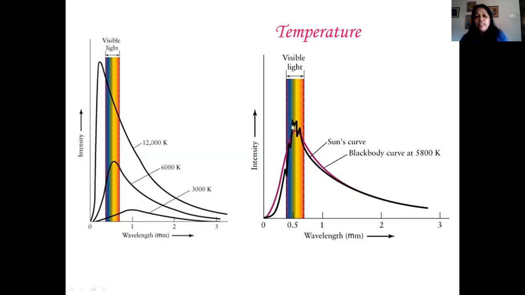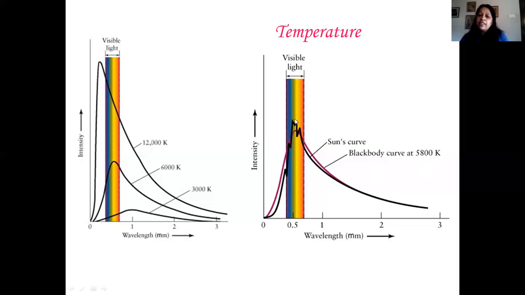So if I fit this to a black body spectrum where the peak comes in yellow light, I can find out the temperature of the surface of the sun. I draw a black body curve which peaks in yellow light, and that black body curve has a temperature of 5,800 degrees Kelvin. So I can say that the surface of the sun has a temperature of 5,800 degrees Kelvin.